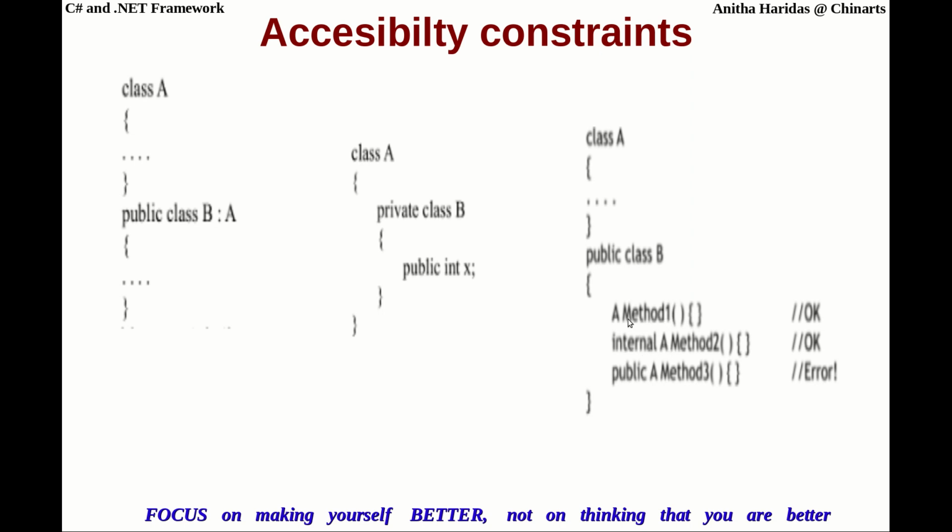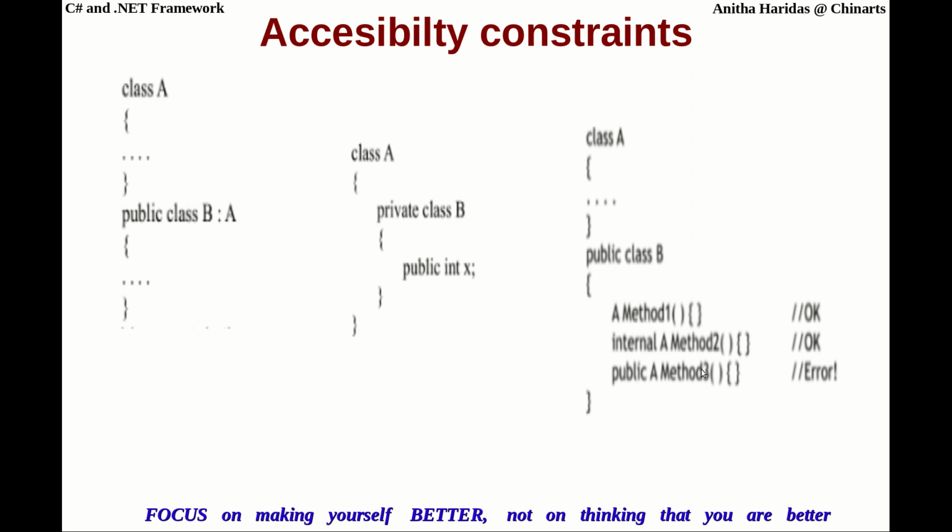Even if it is not deriving class A, this accessibility control constraint is imposed. Here they are independent. Here class A is independent of class B.